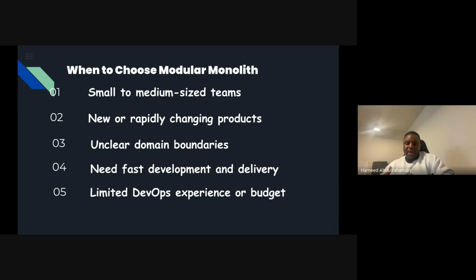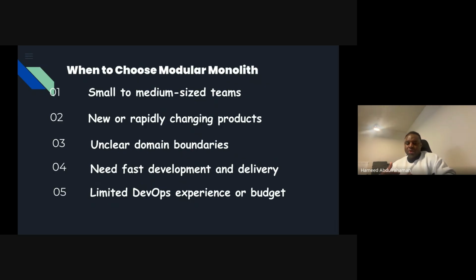But it's very important to know that microservices require a lot of DevOps experience and budget. In a monolithic, you could have your application spun out from an EC2 instance, with your load balancer and everything on it, and you can deploy without having much DevOps experience.